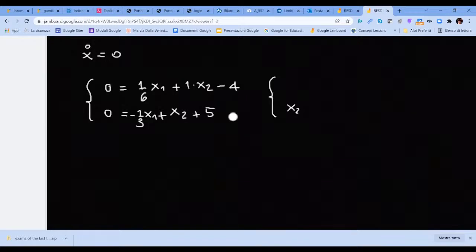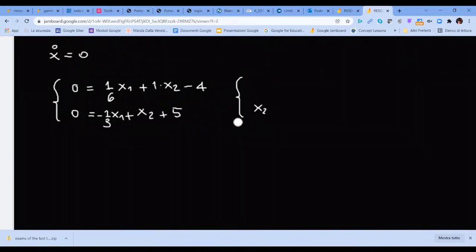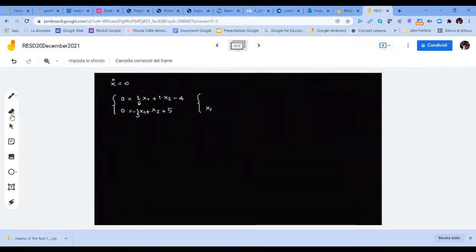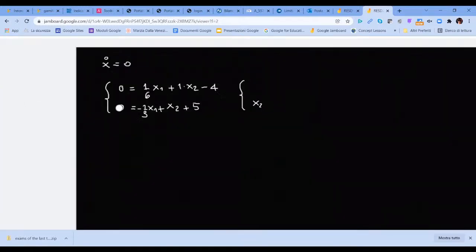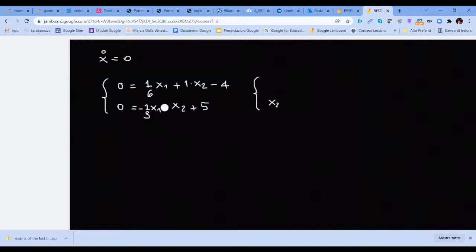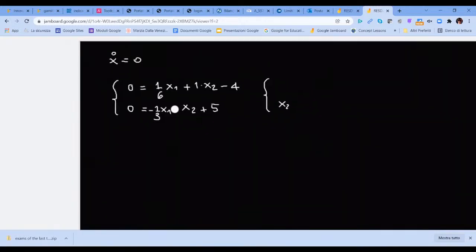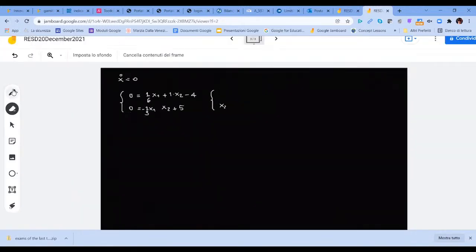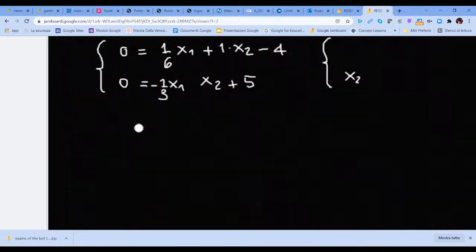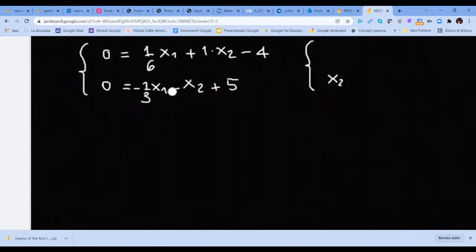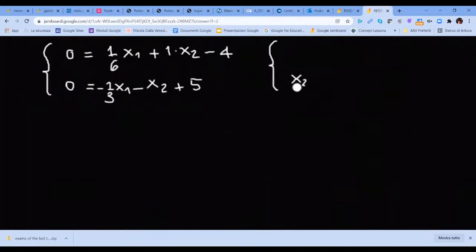And then, no, this is a minus. This was a -1, and so I can put on the left-hand side minus x2 that will be plus x2, and then it is equal to minus 1/3 x1 plus 5.